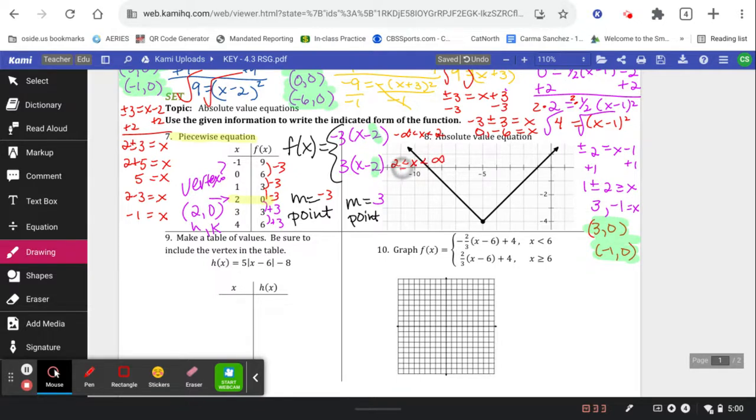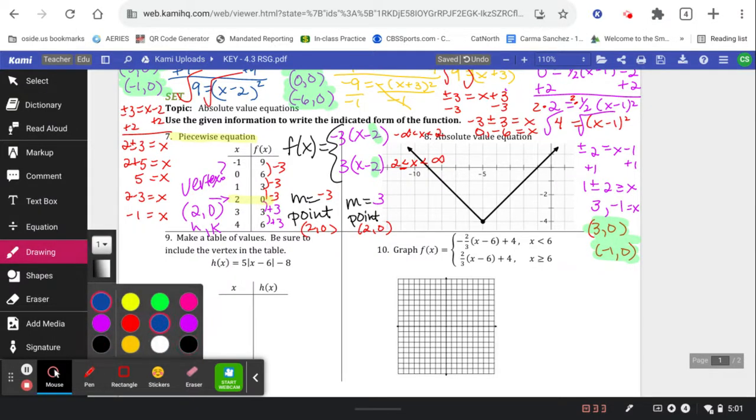And I'm going to include the 2 with the bottom function. Done. That's my piecewise for number 7. How'd you do? And by the way, the point that we used, that vertex we identified, was 2, 0 for both pieces. All right, the next one wants the absolute value function of this guy down here.